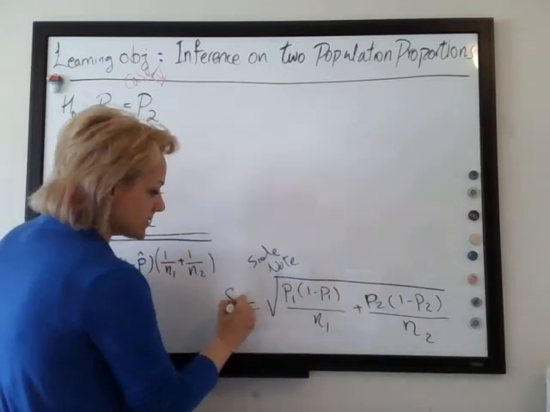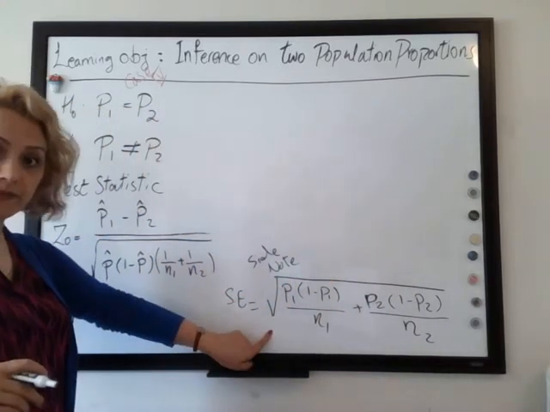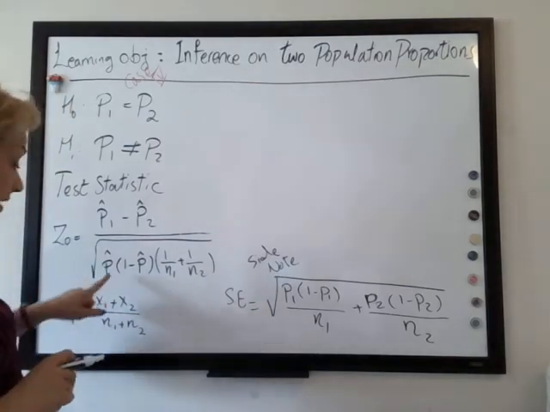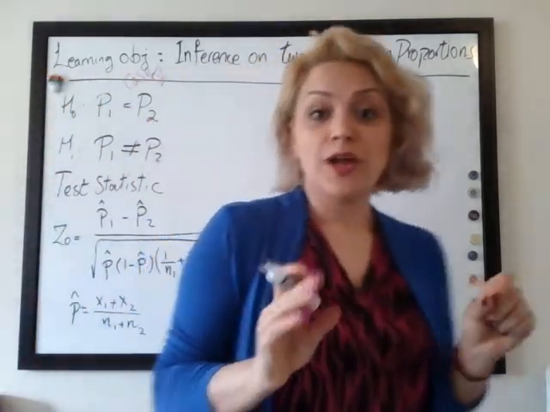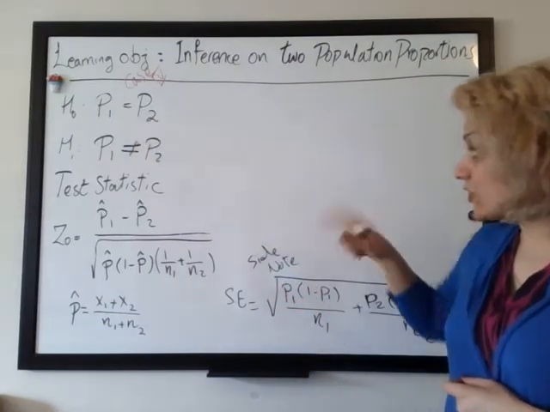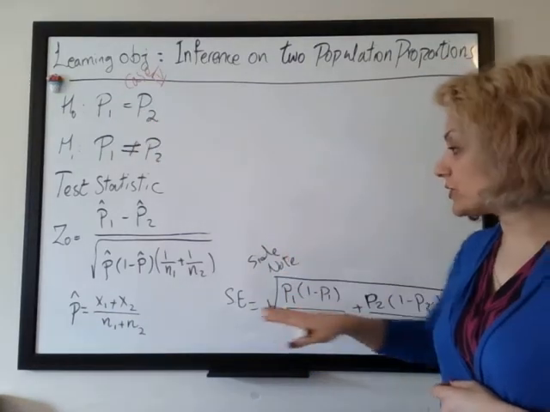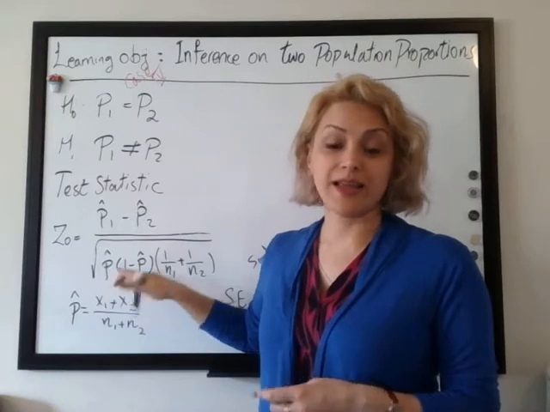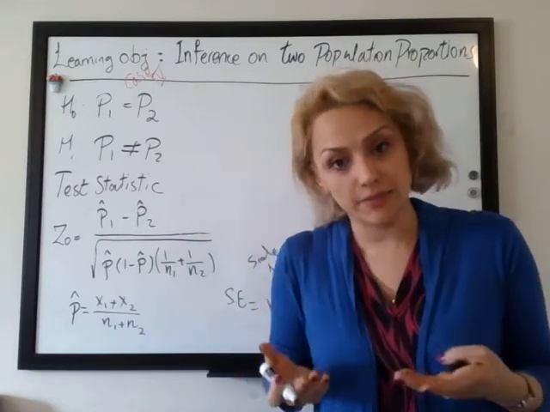So I can say the standard error is equal to this, when we consider that P1 and P2 are the same. So instead of P1 and P2, I would write down just P estimate.